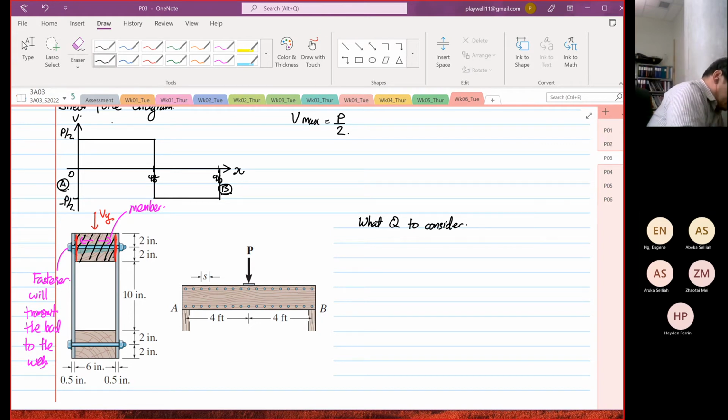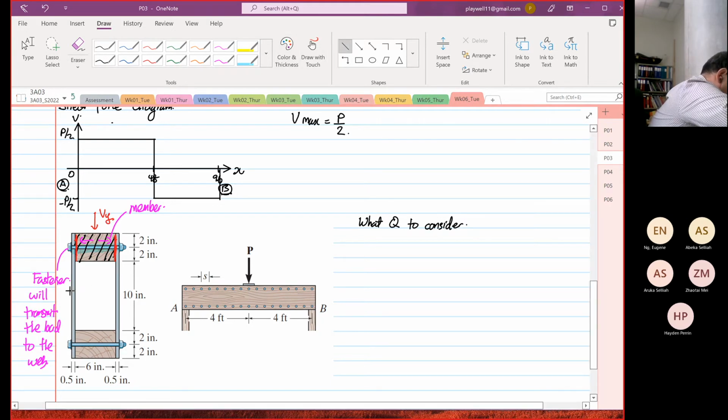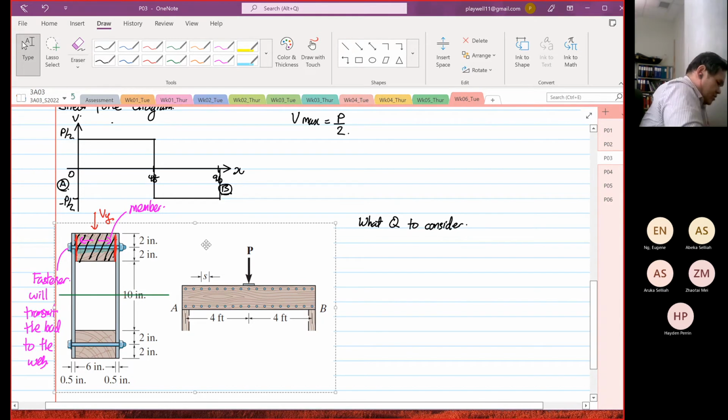So we know based on observation. I know it's a bit abstract initially, but later on, if you see me doing more examples, you get more used to it. So this is by observation. We know that this is our centroid.